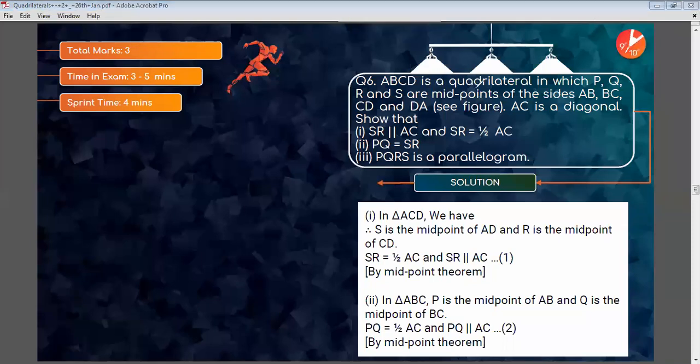ABCD is a quadrilateral in which P, Q, R, S are the midpoints. We have done this type of question. So we have to show that SR is parallel to AC, or we can say SR is half of AC. PQ equals SR and PQRS is a parallelogram.